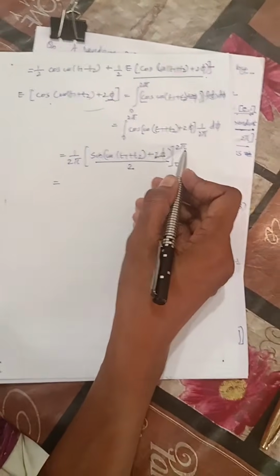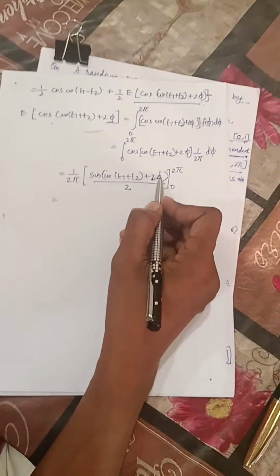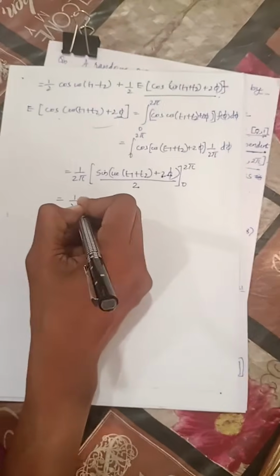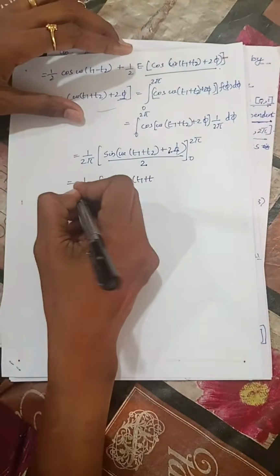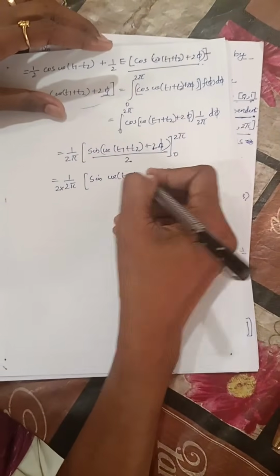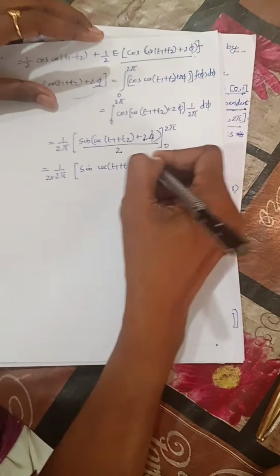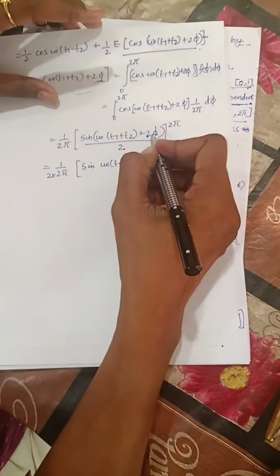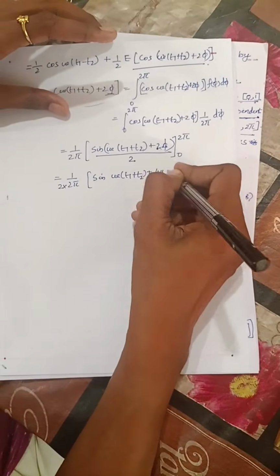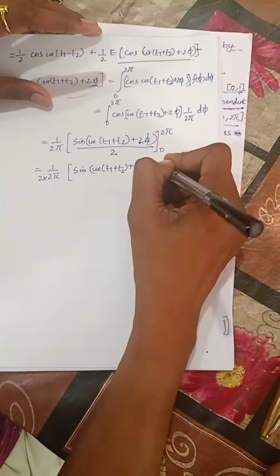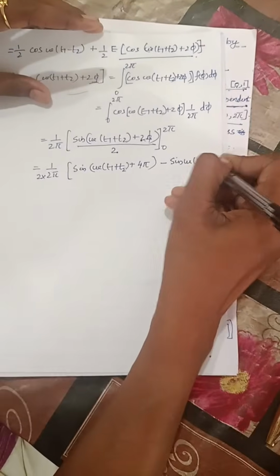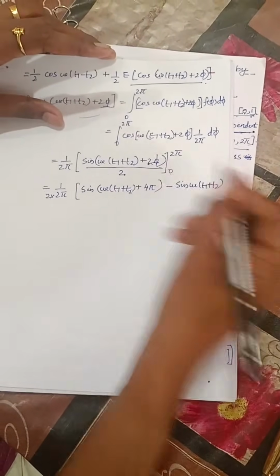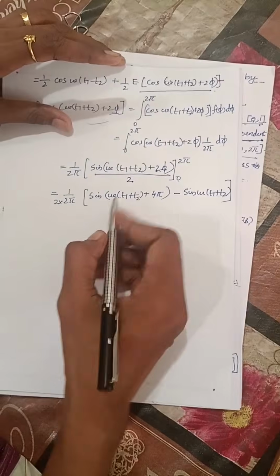When we apply the limits in place of phi, we get 1 by 2 pi times sine omega t1 plus t2 plus 4 pi, minus sine omega t1 plus t2 for phi equal to 0.